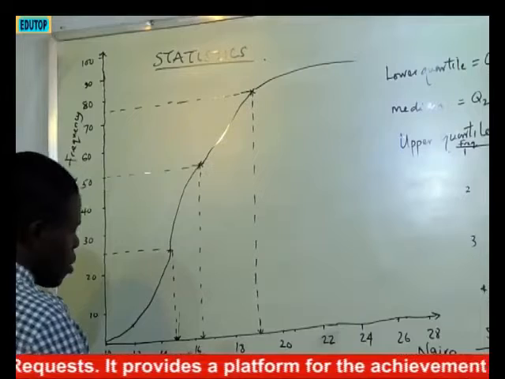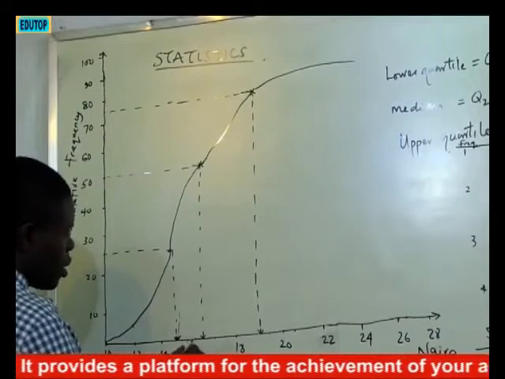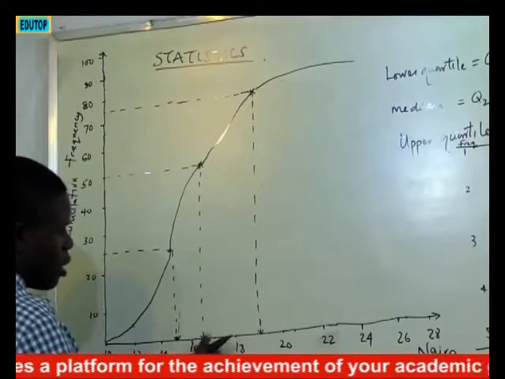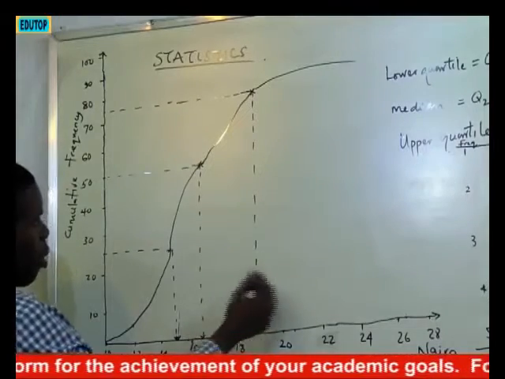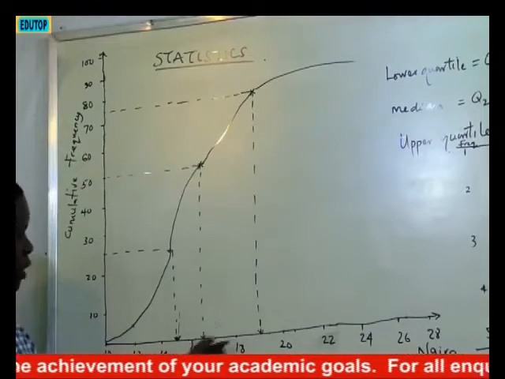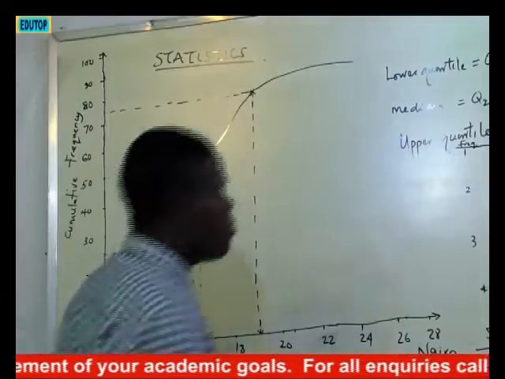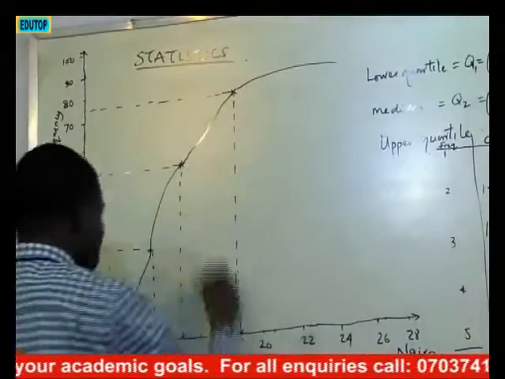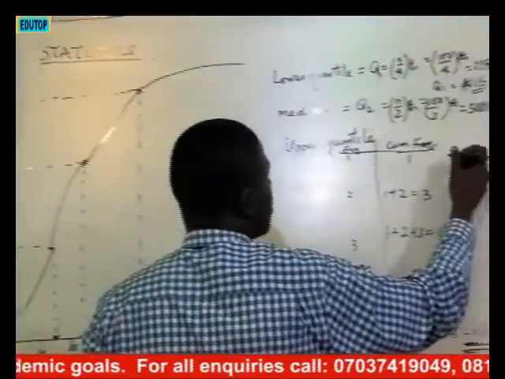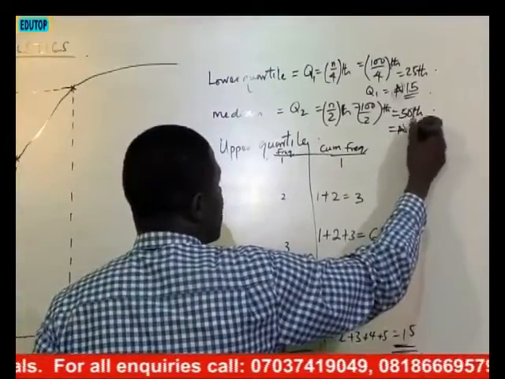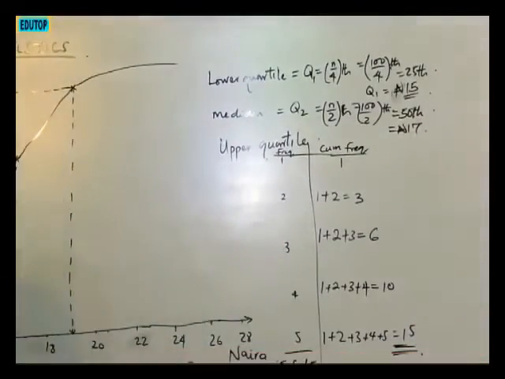Though this is not drawn to scale because this is a plain board, if it is on your graph, it will be more accurate. This one is just striking the middle here, and that will be 17 naira. That's for the median.